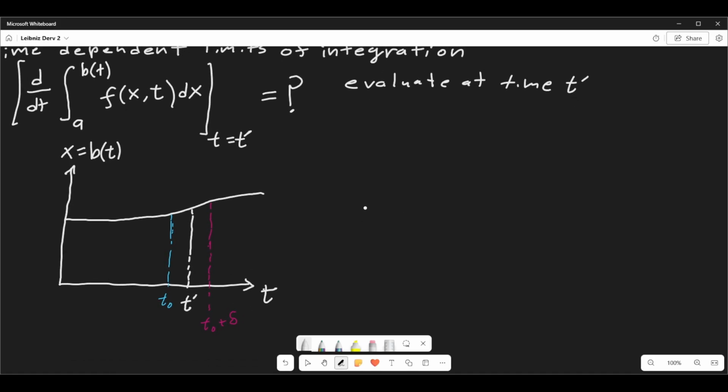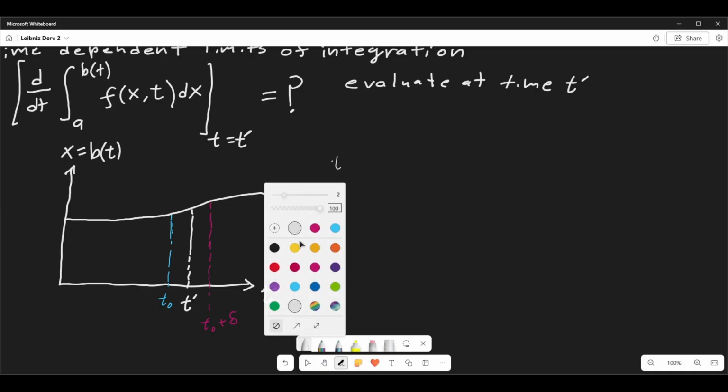So basically, I'm going to make that a little bit thicker.